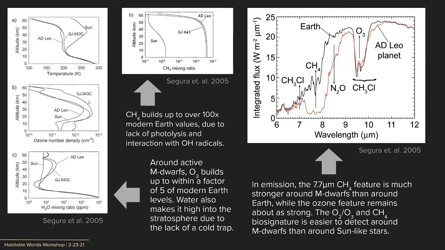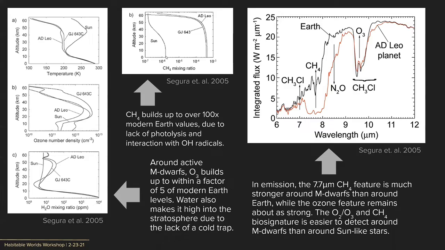But the main thing that I think we should focus on here is that the ozone abundances don't change all that much, maybe by a factor of 4 or 5. So we're not talking orders of magnitude here. But conversely, the methane abundance in the modern Earth around these M-dwarf stars is well over 2 orders of magnitude above what we see in the sun.